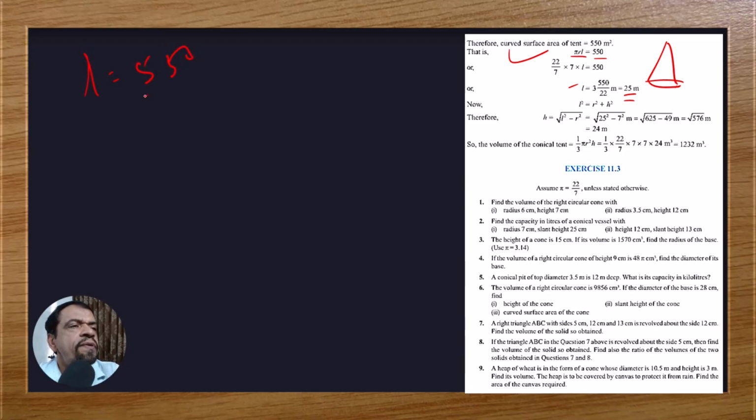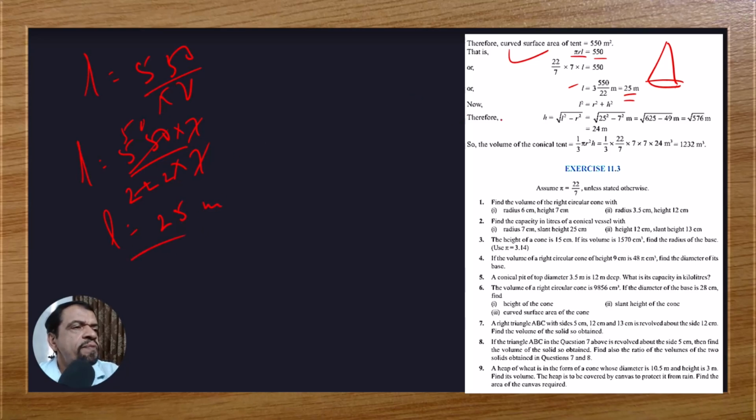L will be 550 upon pi r. So L will be 550 upon 22 by 7. Radius is 7, 7 cancel. So by 11, it is 11 5s are 55, 11 2s are 22, so it is 25 meter.